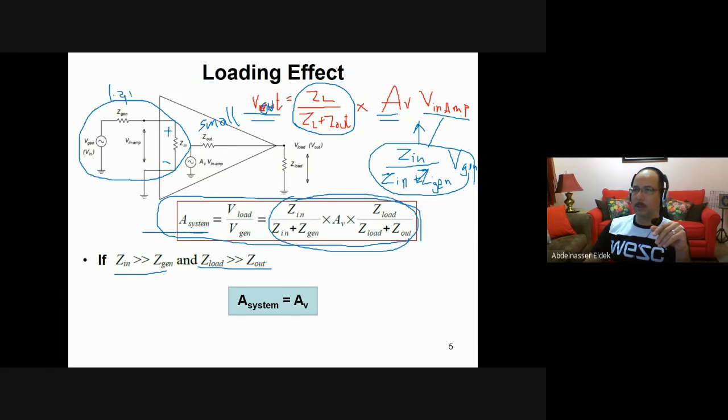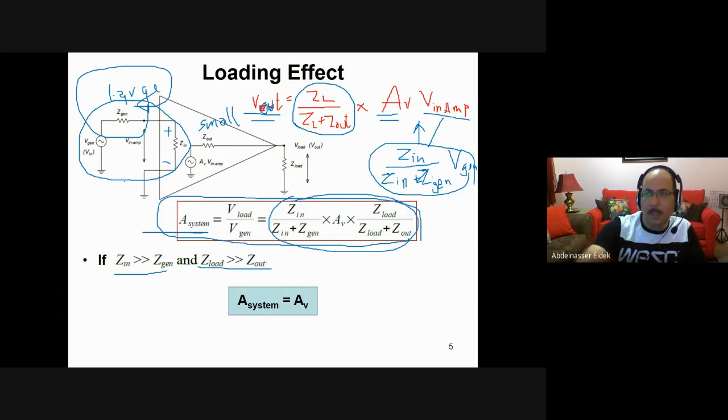This is what happens in an operational amplifier. If you remember, the input impedance is ideally infinity and the output impedance is 0. In this case, A system will be the same as AV.